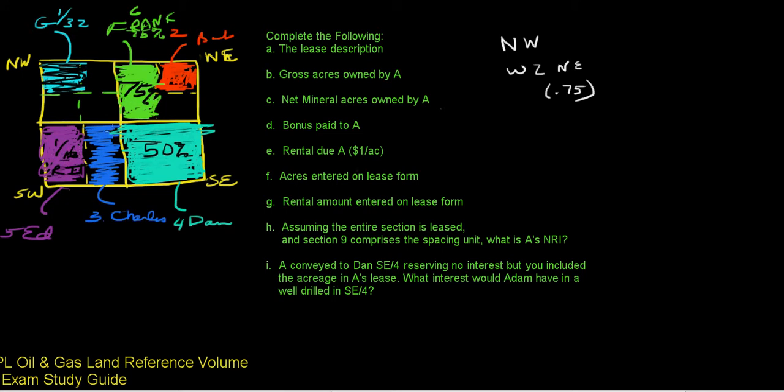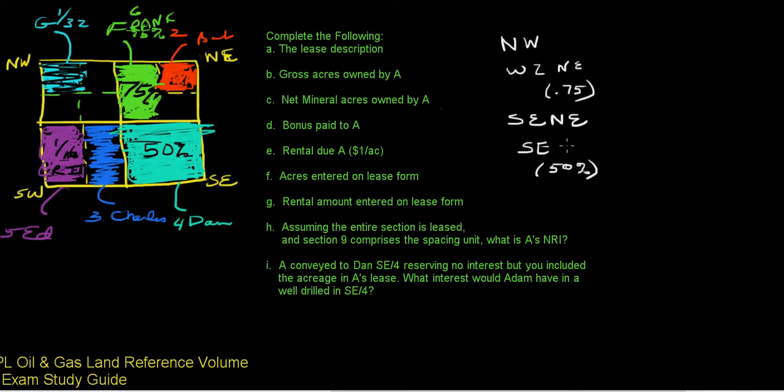The third area, where is the northeast, is this little black area right here. And so we know that's going to be the southeast of the northeast. Adam owns that outright. And then we've got this whole southeast quarter. And Adam owns a 50% interest in the southeast quarter.